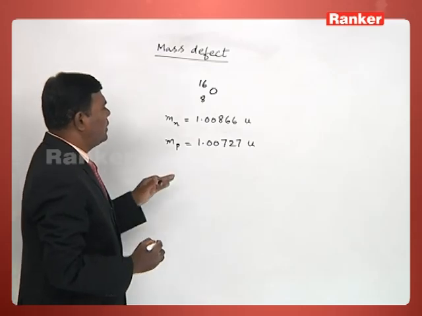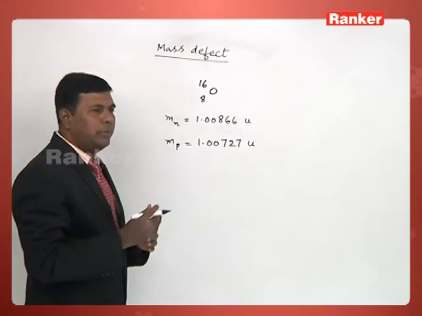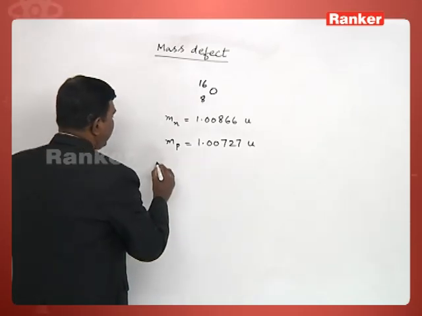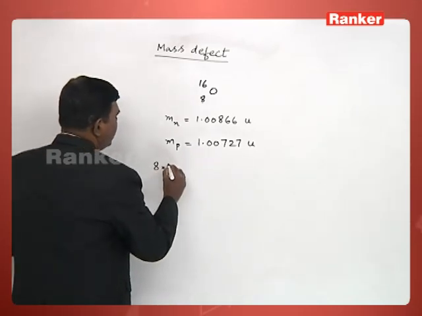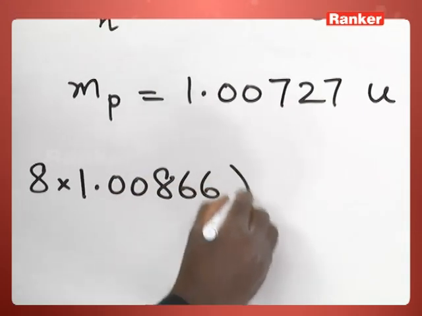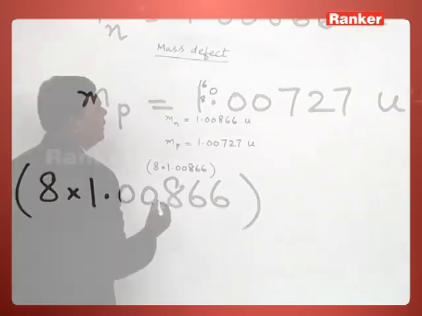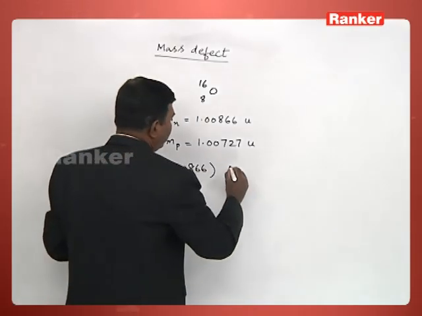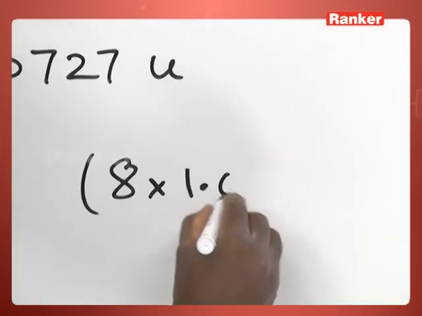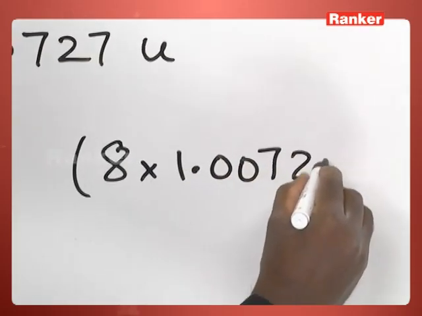So, if you want to calculate the total mass of all the nucleons within the nucleus, what we need to do is, there are 8 neutrons, each of mass 1.00866. That will give you the total mass of all the neutrons. Then there are 8 protons, each of mass 1.00727.